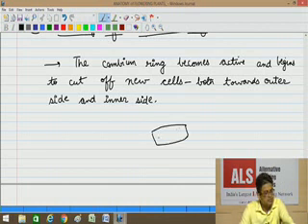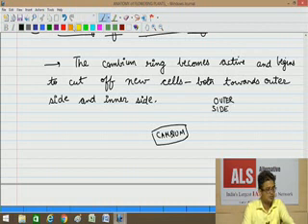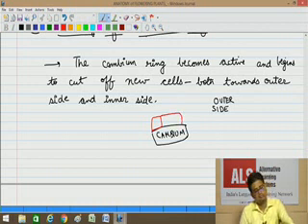The cambium cell, this is a cambium cell. This is the inner side. This is the outer side. The cambium cell forms a new cell, and this new cell immediately converts into a phloem cell, like this.